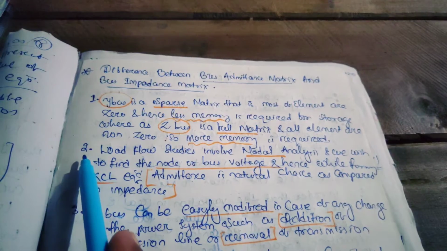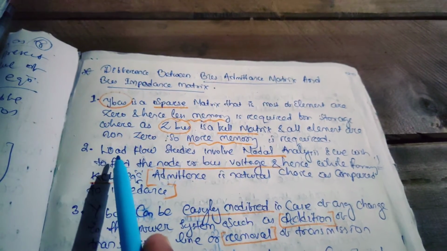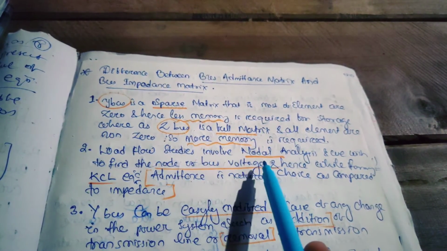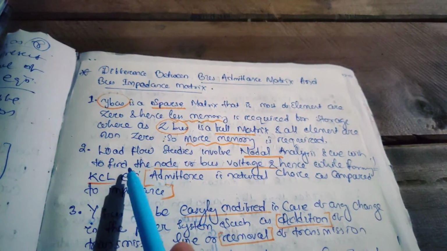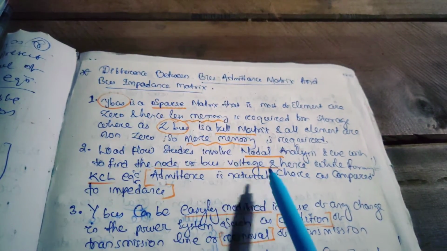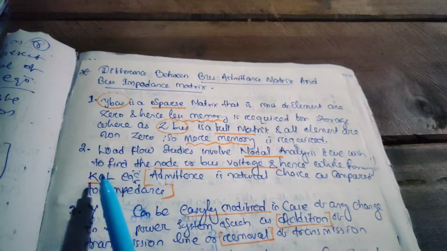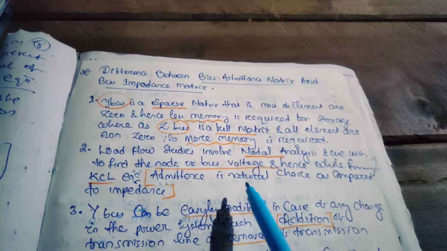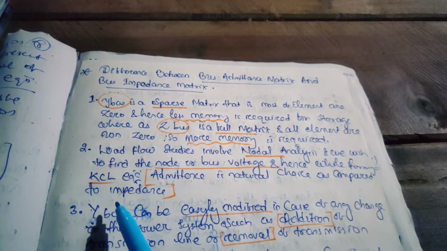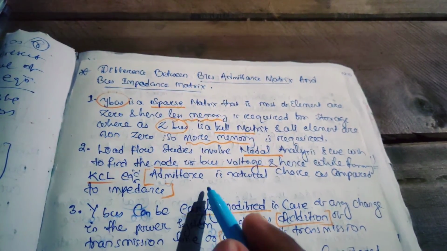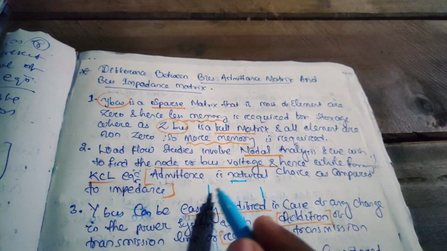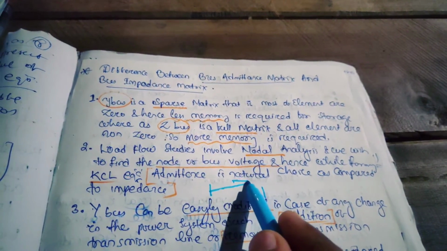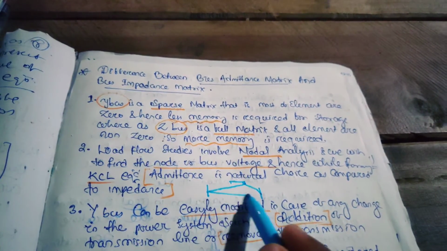And the second point is that load flow study involves nodal analysis, and we wish to find the node or bus voltage, and hence while forming the KCL equation, admittance is the natural choice as compared to impedance. So see here, there is one bus, there is another bus, and there is another bus, and the transmission lines interconnect them.